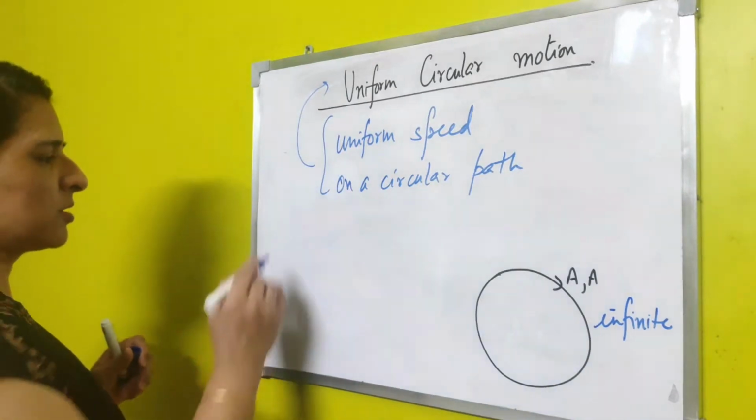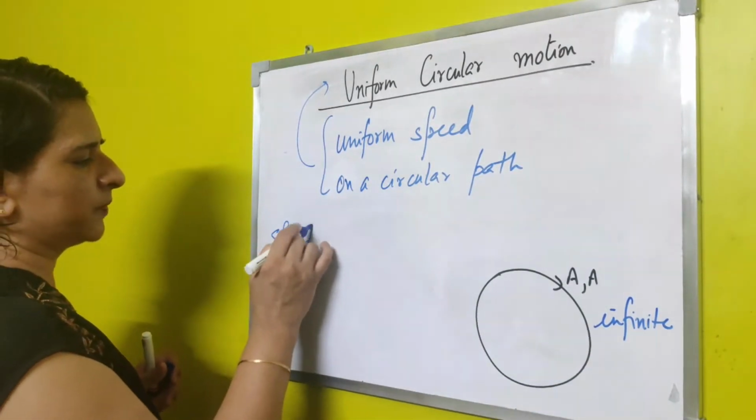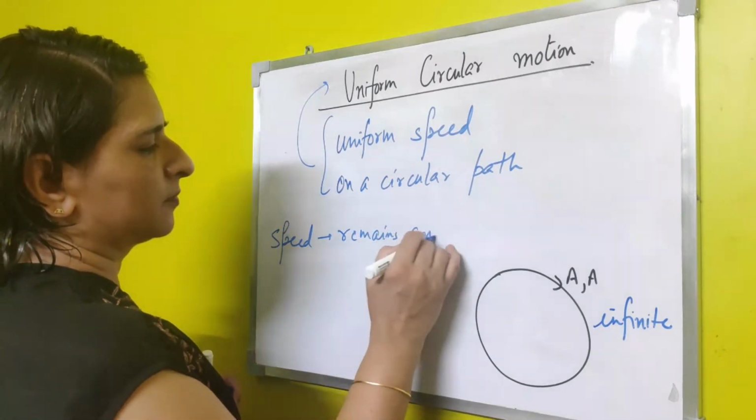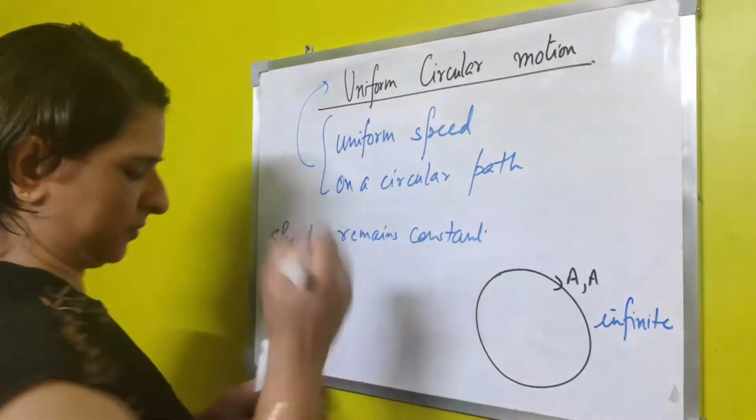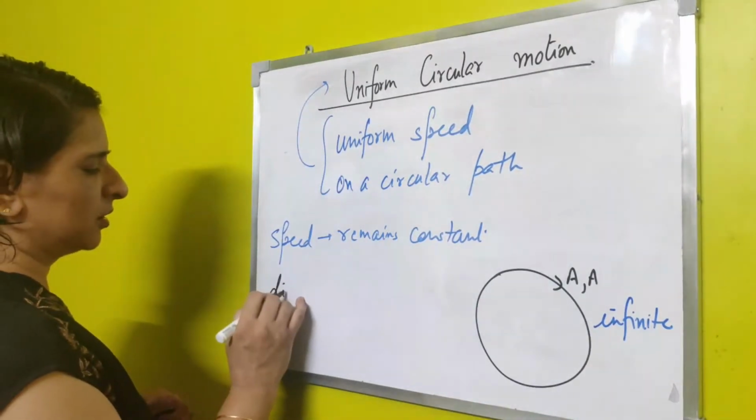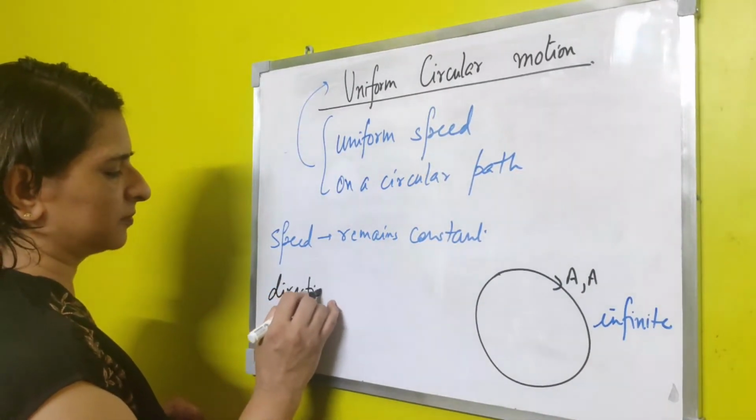So what remains constant in uniform circular motion? Speed remains constant. What is changing? Direction is changing.